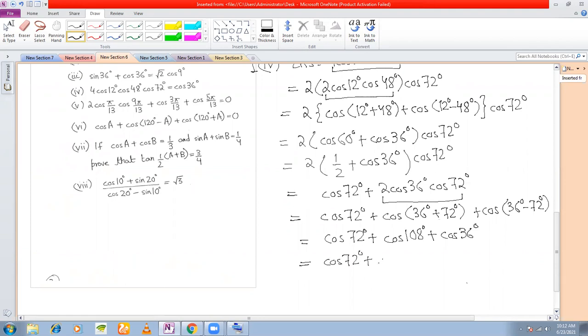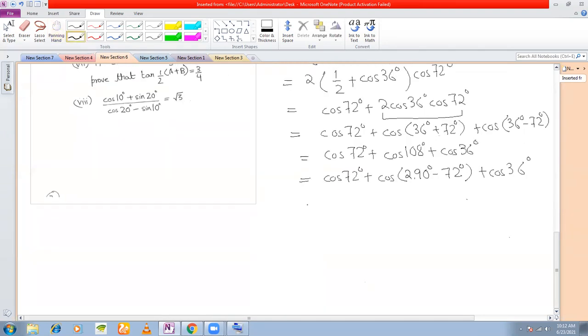Now cos 108 can be written as, we want to change this to an acute angle. 108 is not an acute angle. So write this as even multiple 90 degree minus 72 degree plus cos 36 degree. Cos 72 degree, even multiple, cos remains a cos.